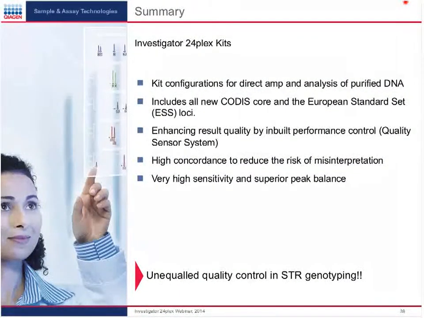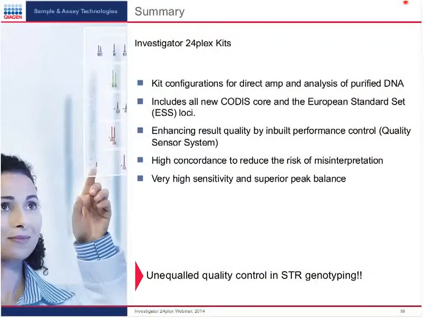We included the Quality Sensor system, and I hope I could explain which benefits you will have when using the 24Plex kit, so you know much more information about your sample and how to process it further in your workflow. We have a high concordance, so this is a very high quality kit to reduce the risk of misinterpretation.